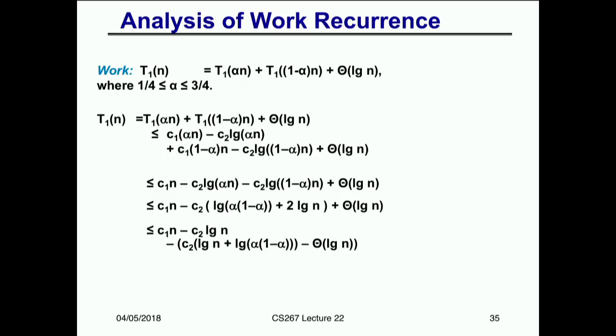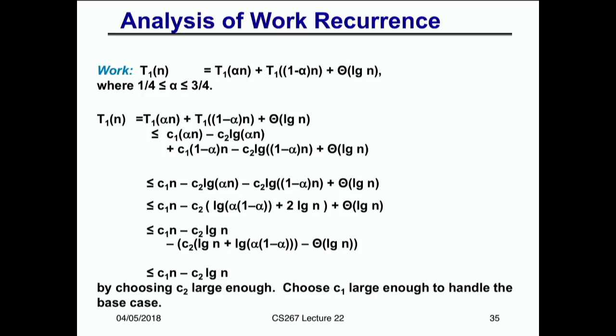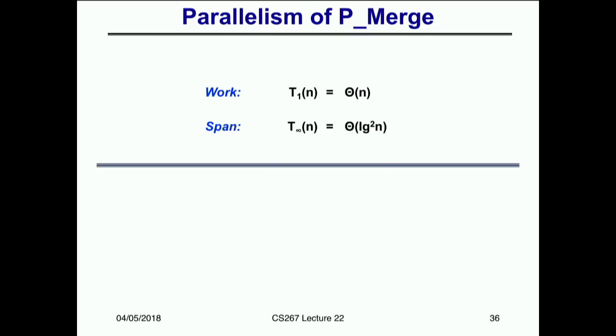It's not going to get nice. And then you can prove that there are some constants that will make it linear time. So the work is linear time, as we expected, and the span is logarithm squared of n. So there is enough parallelism here. If you want to imagine what's going on, if you're merging 1 million elements, what is the log of 1 million? Log base 2?